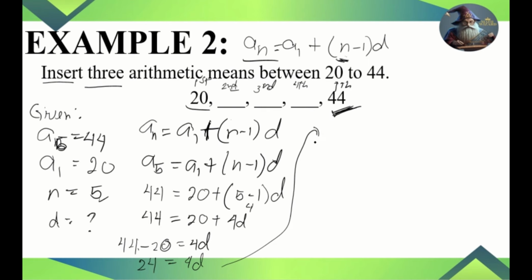So, tuloy na natin dito. 24 is equal to 4d. Divide both sides by 4. So, 24 divided by 4 is 6, is equal to d. So, cancel itong 4. Nakuha na natin yung value of d.